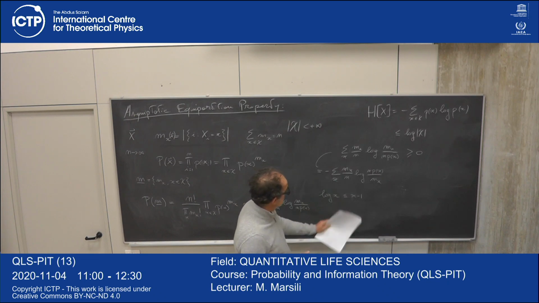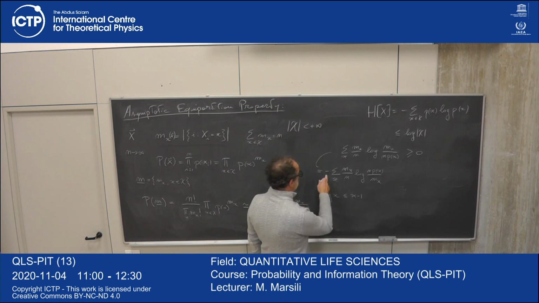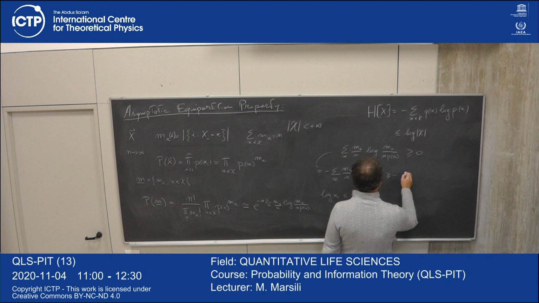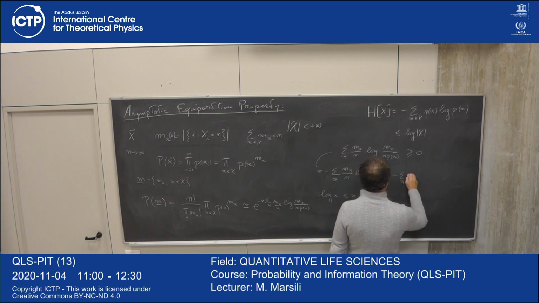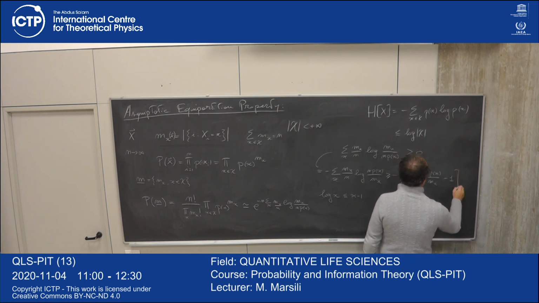But if you apply this inequality here with a minus sign, it means that this is larger or equal to minus the sum over x of m of x divided by n times n p of x divided by m of x minus 1.